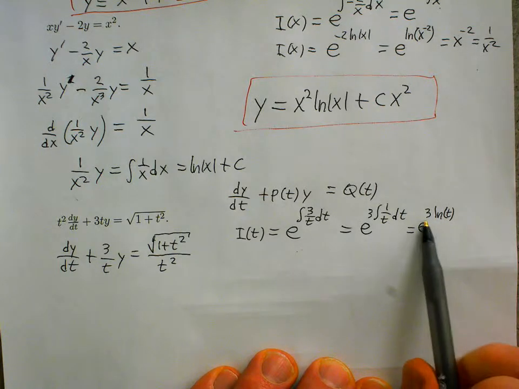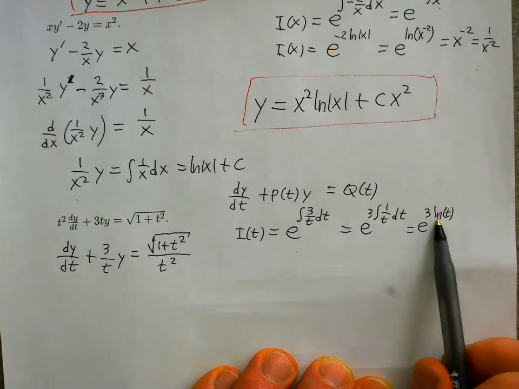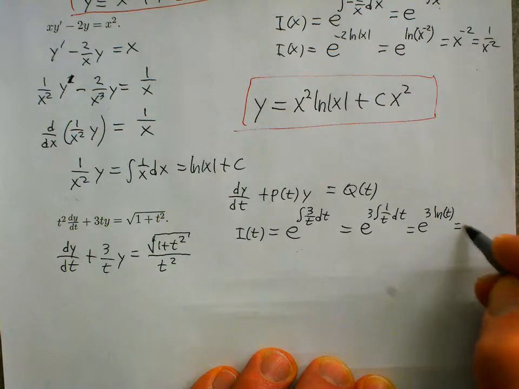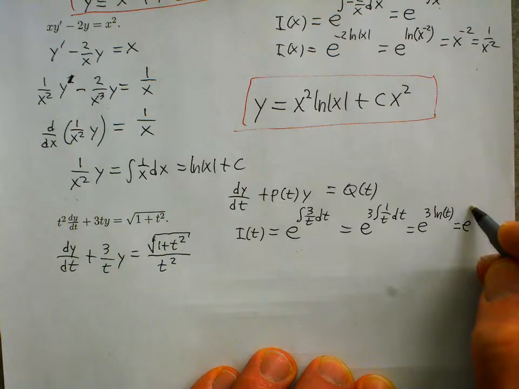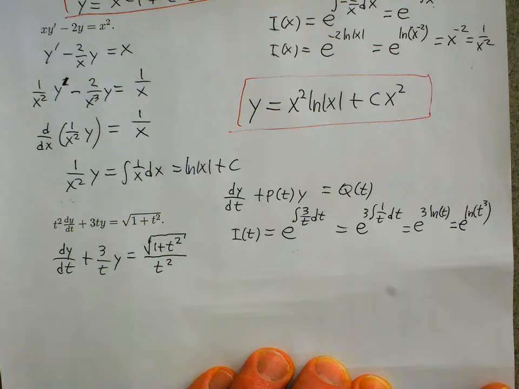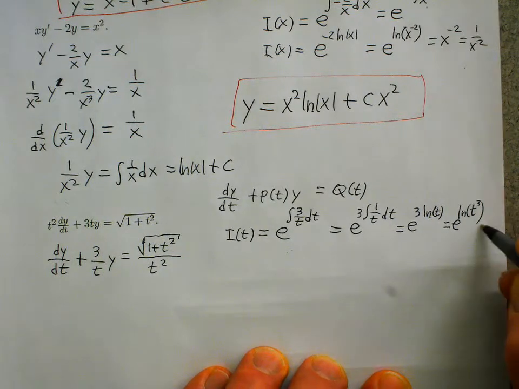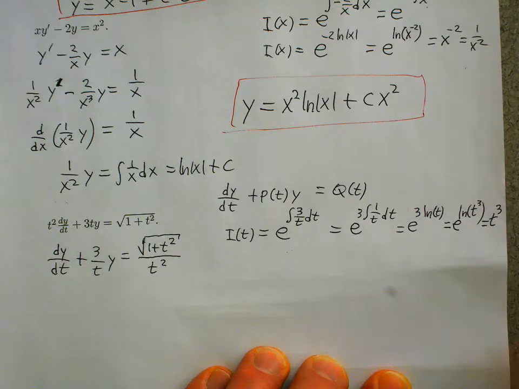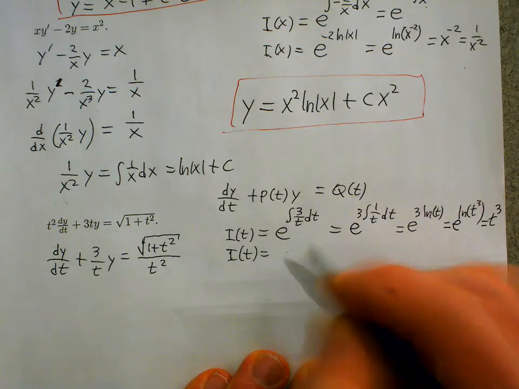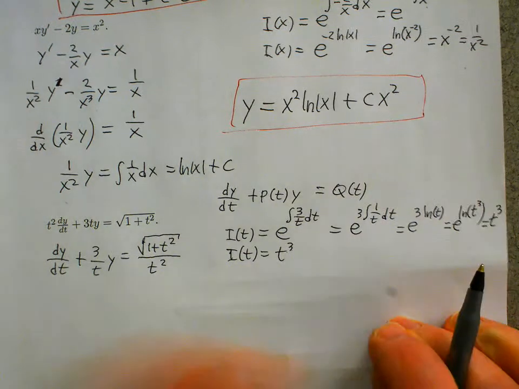And what's another way to write 3 times the natural log of t? Yeah, e to the natural log of t to the third. And e to the natural log of t to the third equals t to the third. So to summarize, our integrating factor is just t to the third.